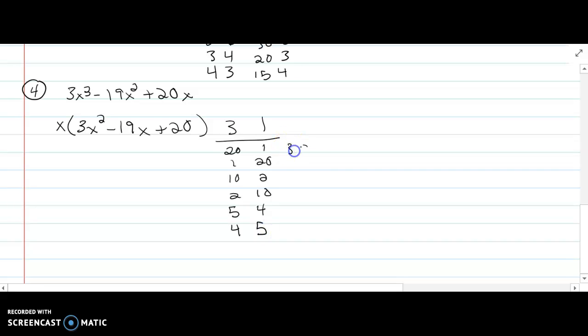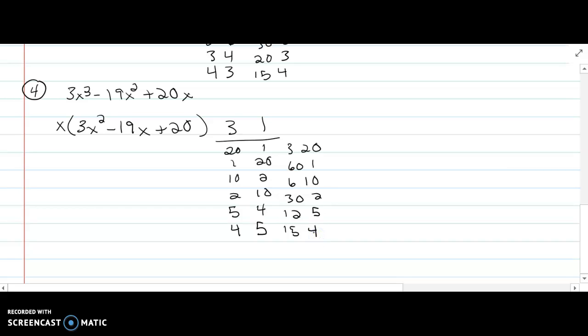I have 3 and 20, 60 and 1, 6 and 10, 30 and 2, 12 and 5, and then 15 and 4.